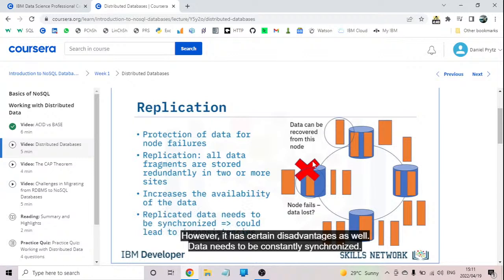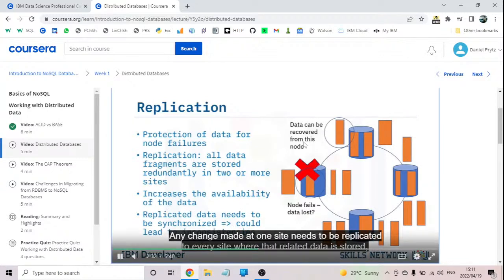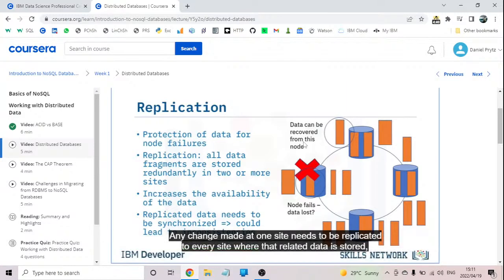Data needs to be constantly synchronized, which could lead to inconsistencies. Synchronization of data constantly being updated in a database can lead to inconsistencies.